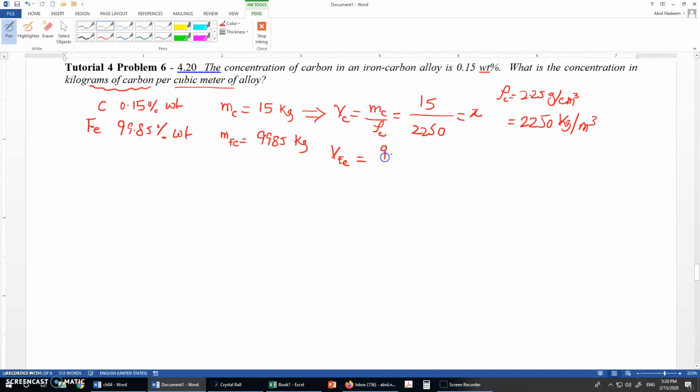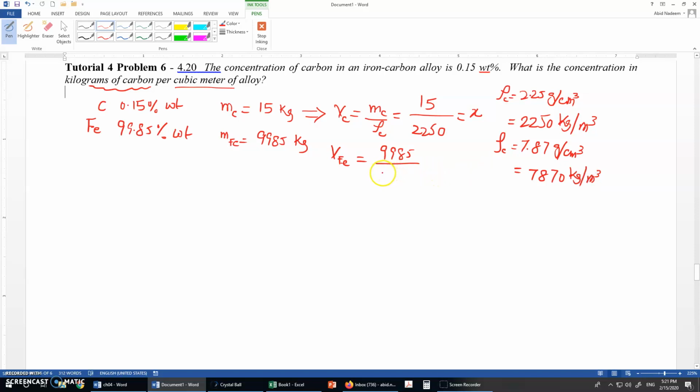Similarly, the volume of iron I can find, which will be 9985 divided by the density of iron, which is 7.87 gram per cubic centimeter, the same as 7870 kilogram per cubic meter.